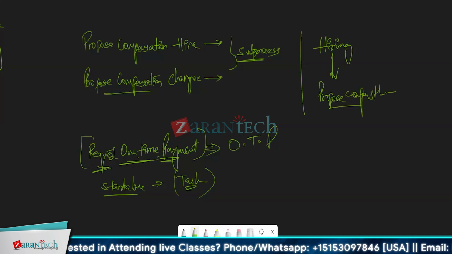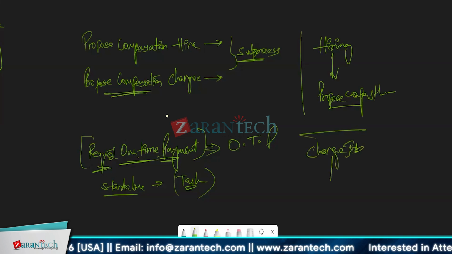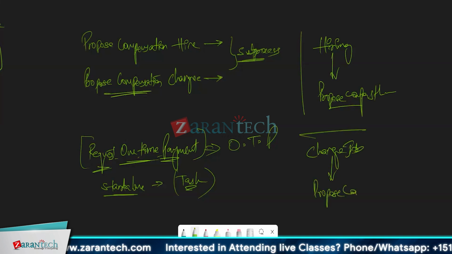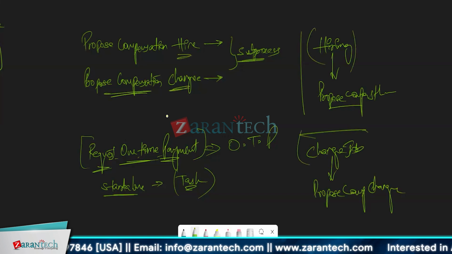And propose compensation change is when you will be initiating a change of transaction. So when you do a change of transaction, you will have propose compensation change as a part of it. So these two business processes can only be initiated via their parent process. For propose compensation hire, the parent process is hire employee, whereas for propose compensation change, the parent process is change job.